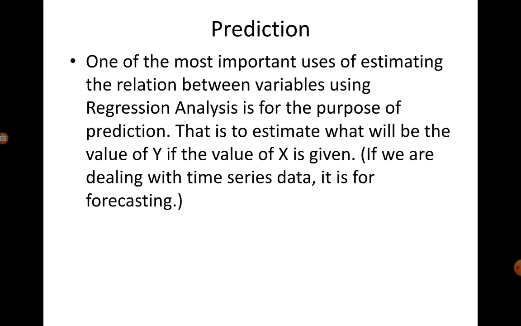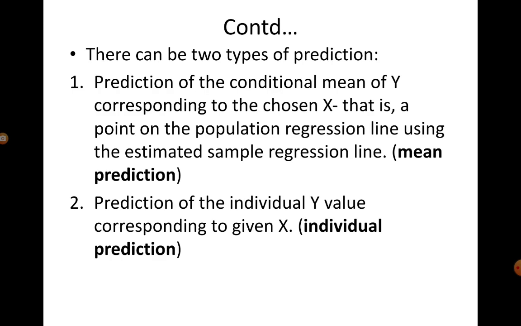So usually we use the term forecasting when we are dealing with historical and time series data, and otherwise, with cross-sectional data, we more generally use the term prediction. We are trying to predict what will be the value of y for a certain given value of x.